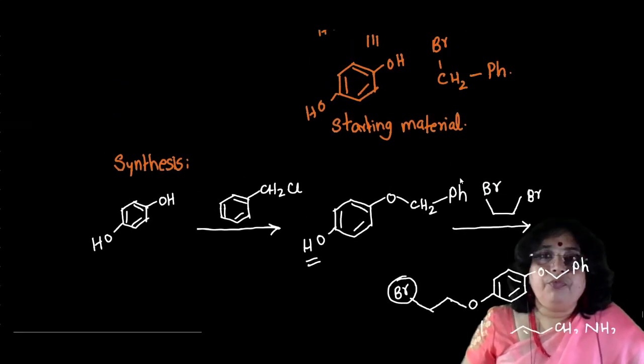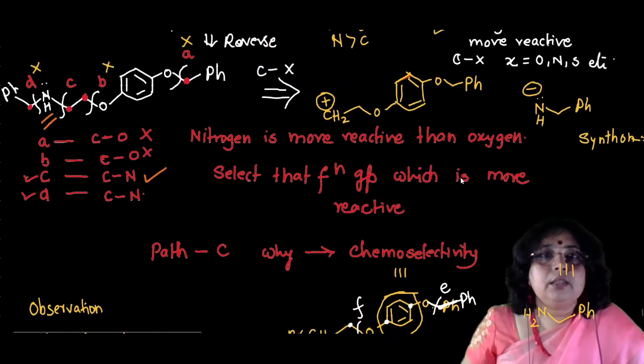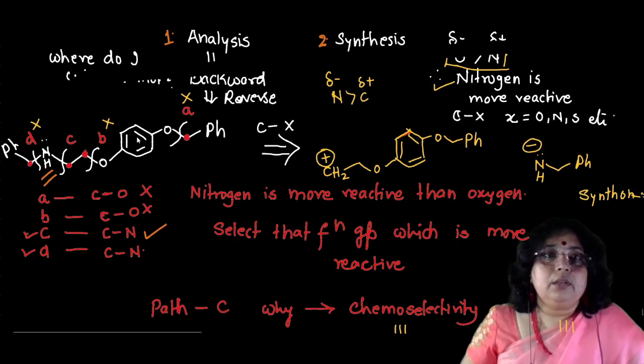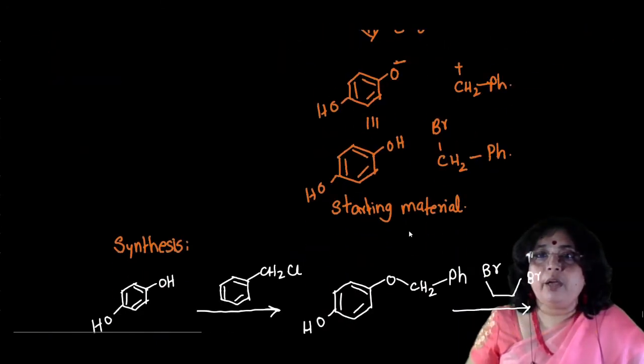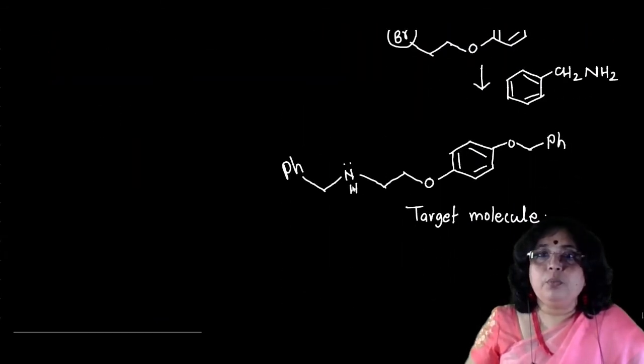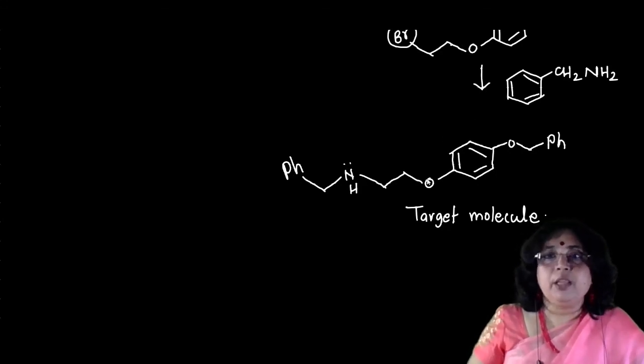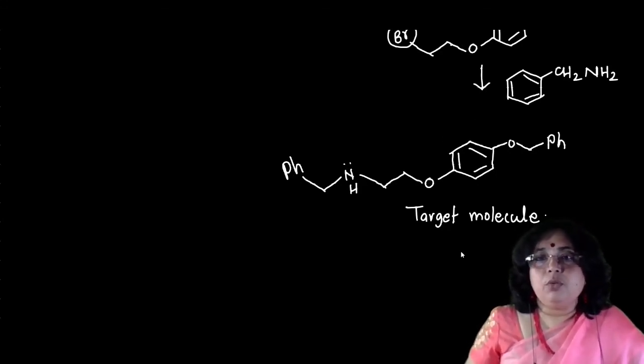This is a derivative of phenol, and this is your target material. So in this way we have obtained 2 ether groups, 1 secondary amine, and 2 phenyl groups at the ends, and this is your core moiety of the phenyl ring. So this is how you can synthesize.